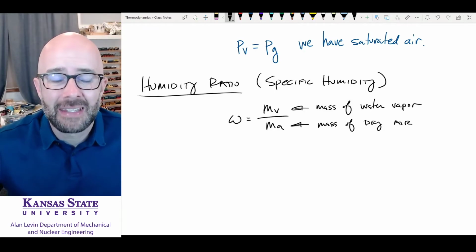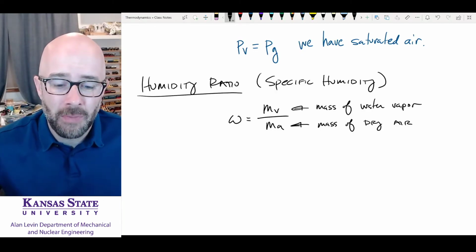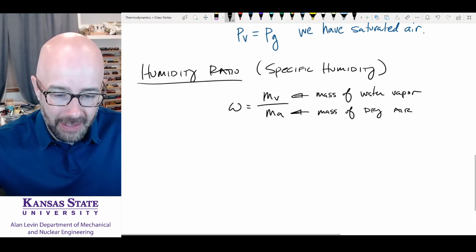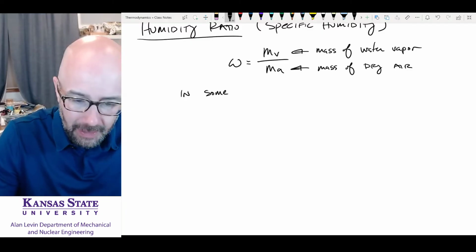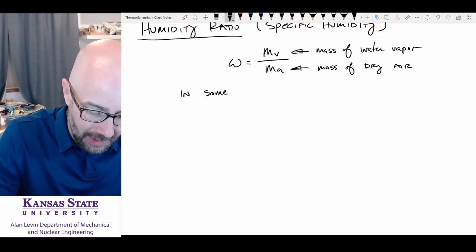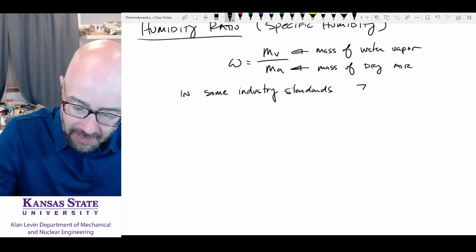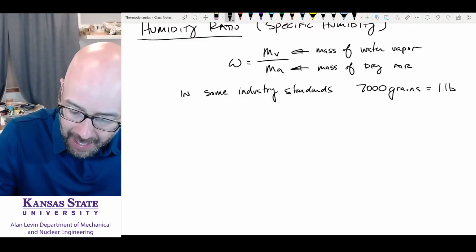In fact, in some areas, and some of you architectural engineers, if you deal with the HVAC company, you might hear this talked about in grains, okay? In some industry standards they use grains, and 7,000 grains is equal to 1 pound.